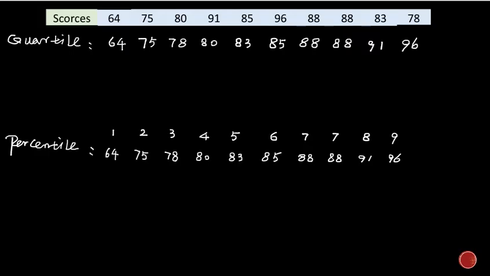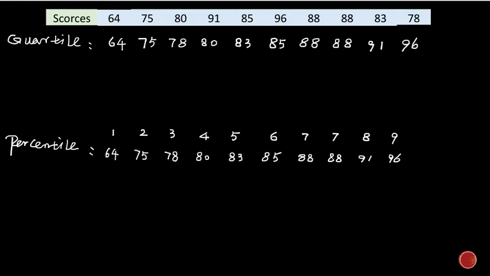Let's learn how to find quantiles in a data set. First, let's look at the quartiles. We have a data set over here, 10 numbers. These are 10 test scores.